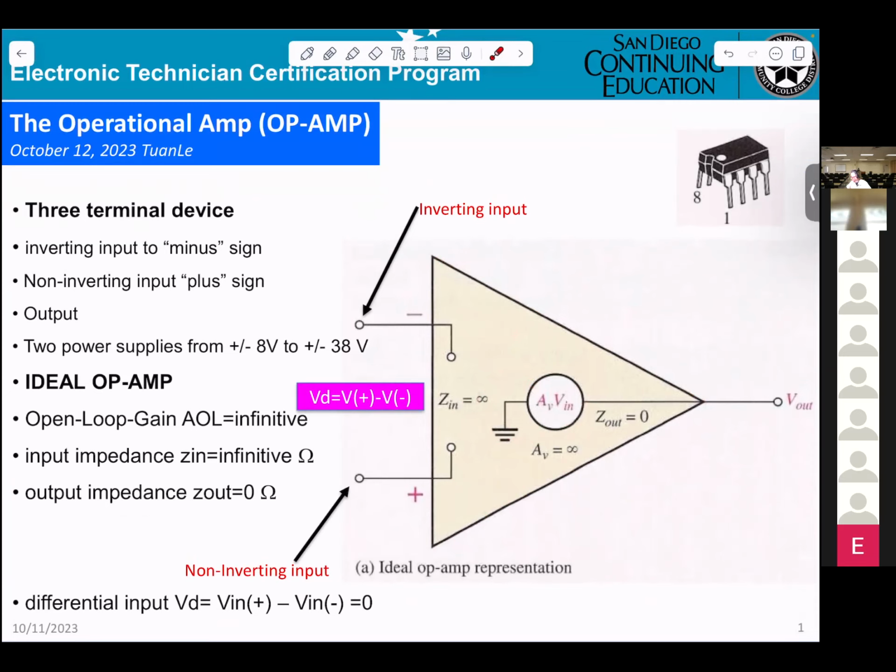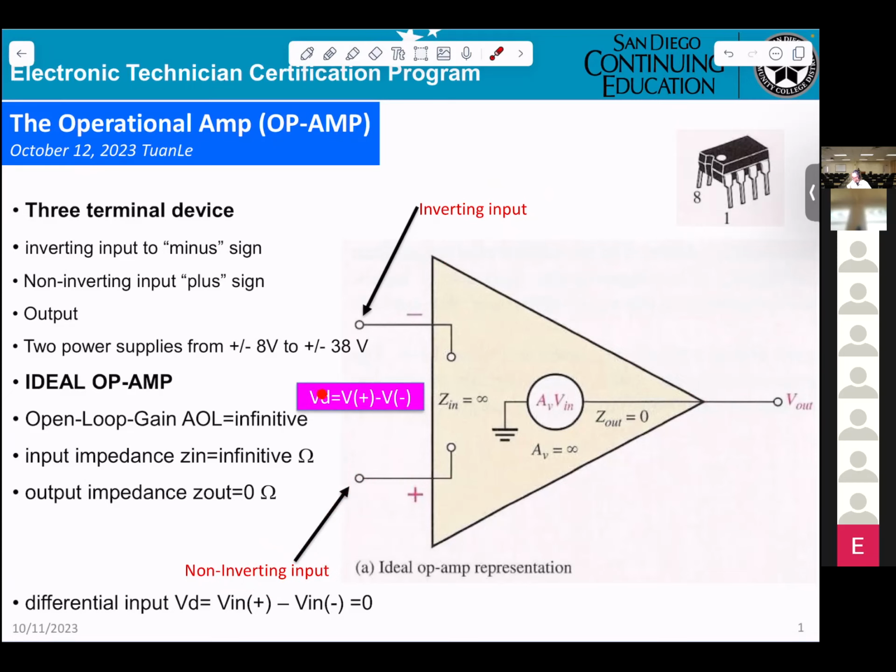Now the input that goes to the negative is named the inverting input, and the input that goes to the positive is named the non-inverting input.